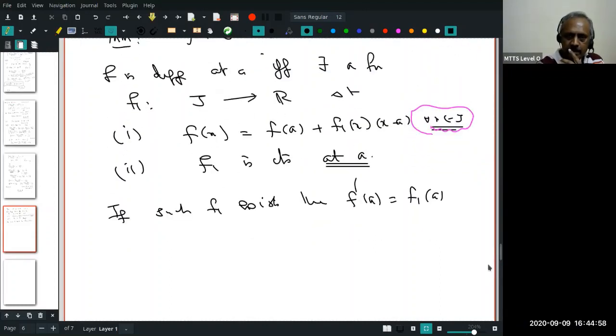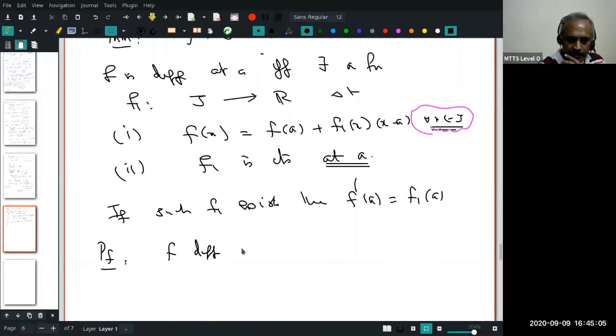Now let's go through the proof. So suppose f is differentiable at a. Then what is it that I have to do? I have to show there exists an f1. How will I find f1? So I have to see whether there exists an f1.